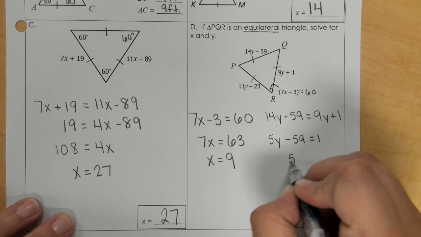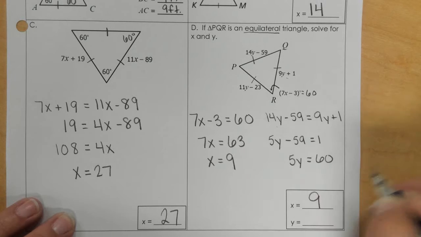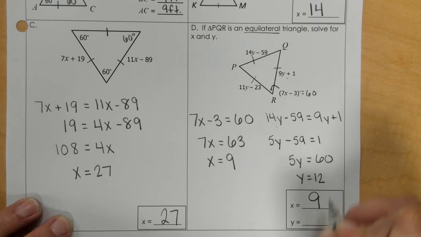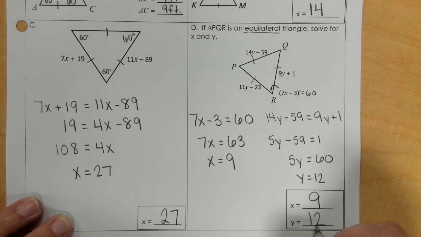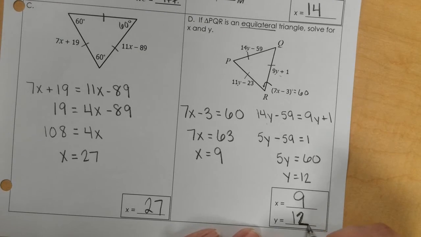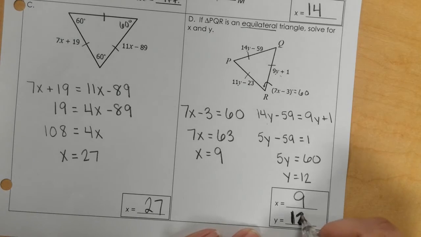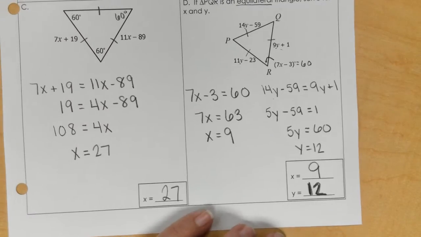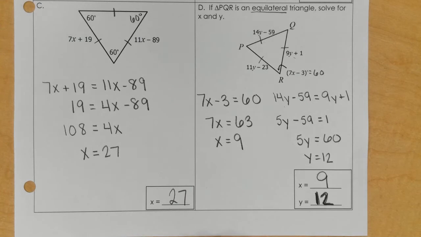Add 59, we get 60. And if I divide by 5, we get 12. So these are my two solutions to this problem here. Alright, so that ends day 2.